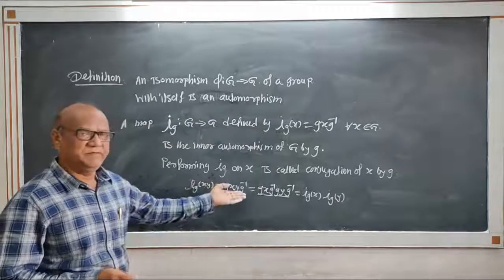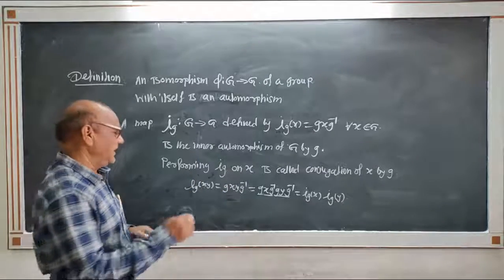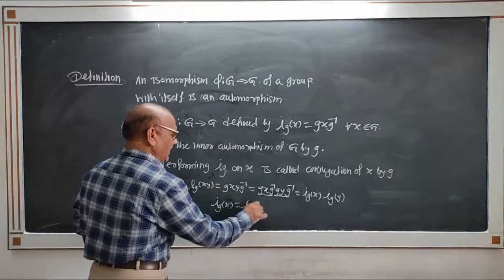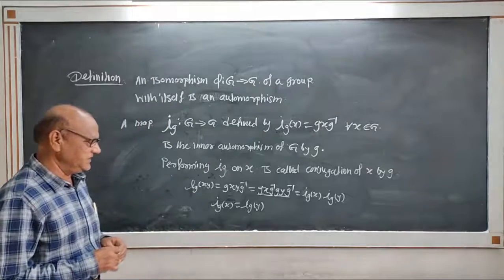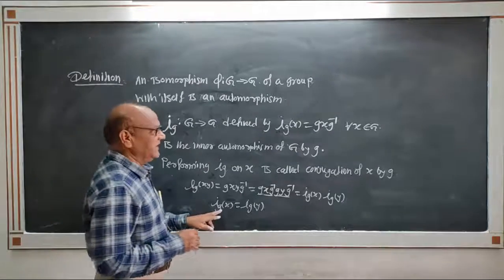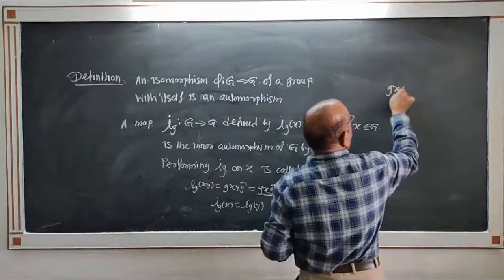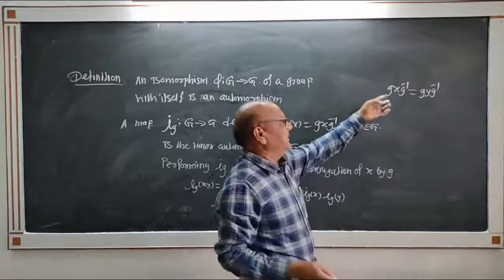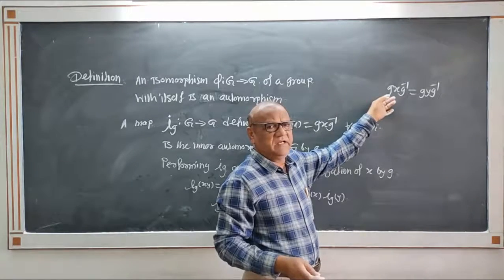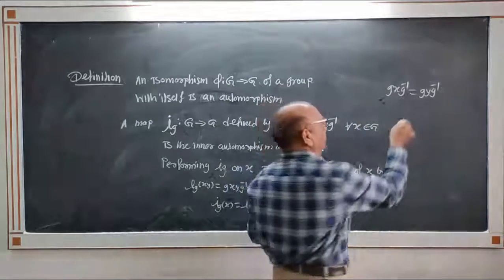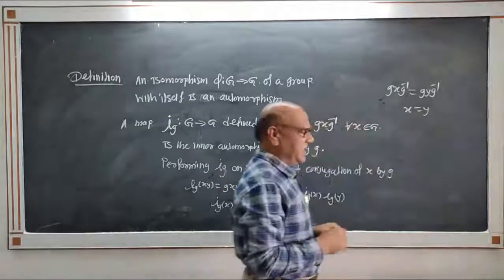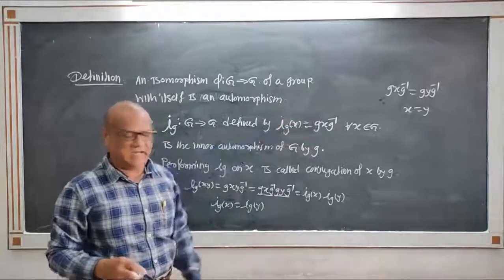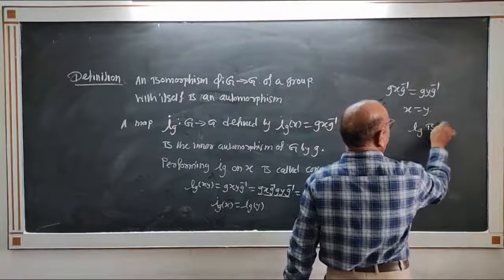This map is a homomorphism. Also, if we take I_g of x is equal to I_g of y, then clearly g x g inverse is equal to g y g inverse, and if we pre-multiply by g inverse and post-multiply by g on both sides, we get x is equal to y. That means I_g is one-one.